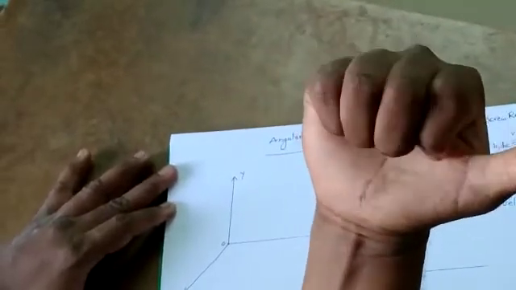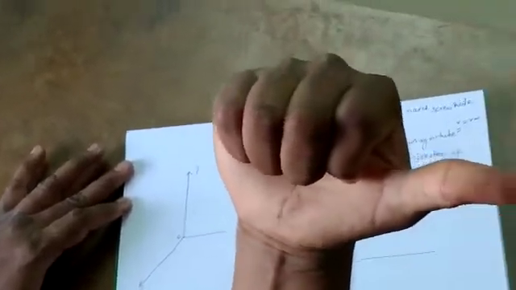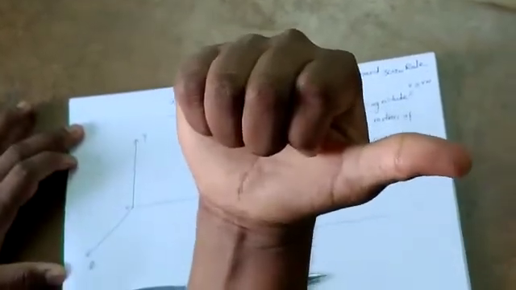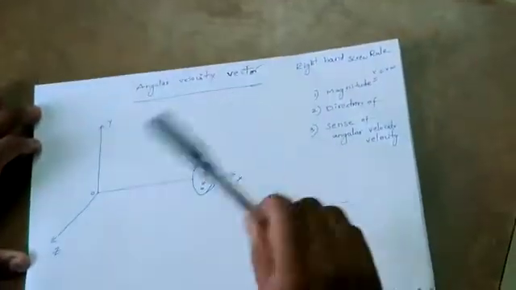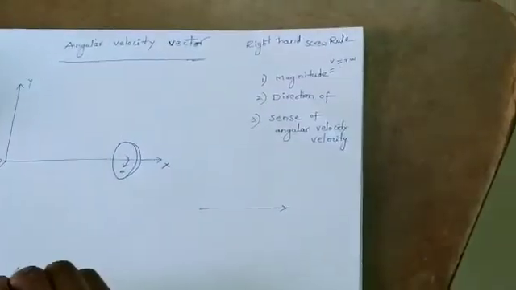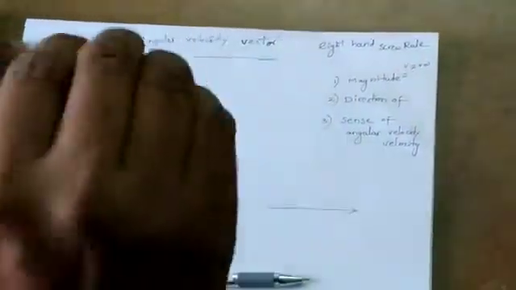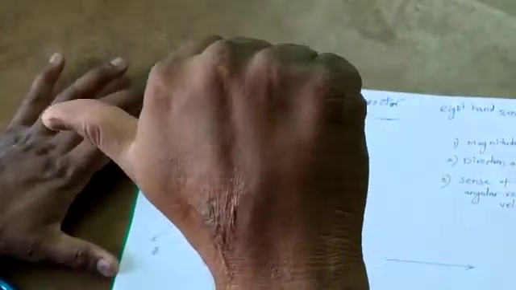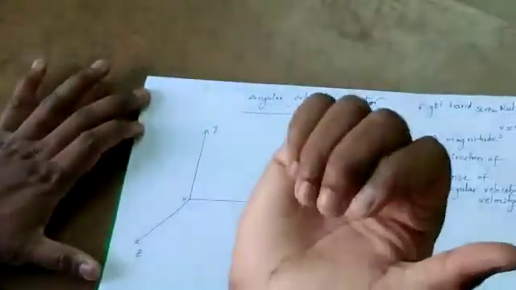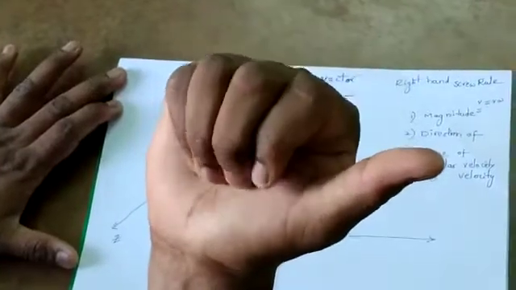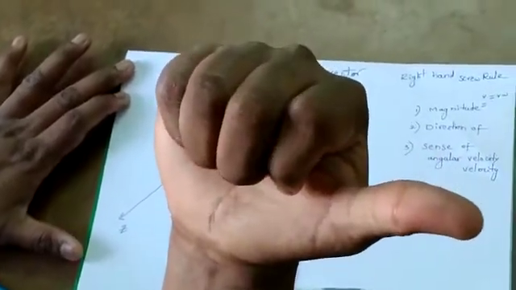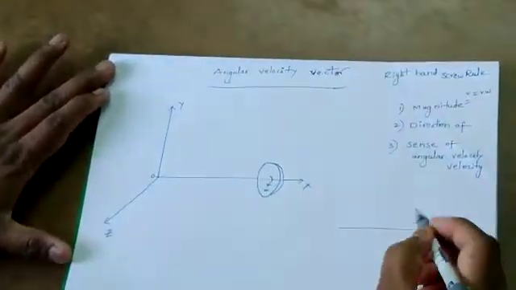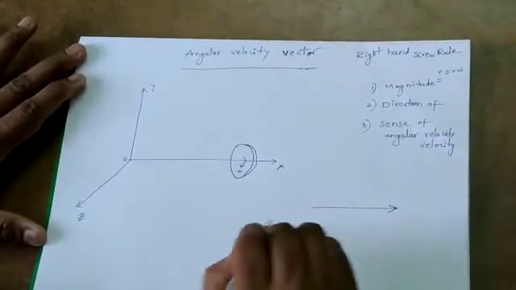This is clockwise direction, and the thumb indicates the direction, the sense of the vector. So let me repeat. This is clockwise rotation of the rotor, and the thumb indicates the sense of the vector. In such a way, the arrow mark indicates the sense.